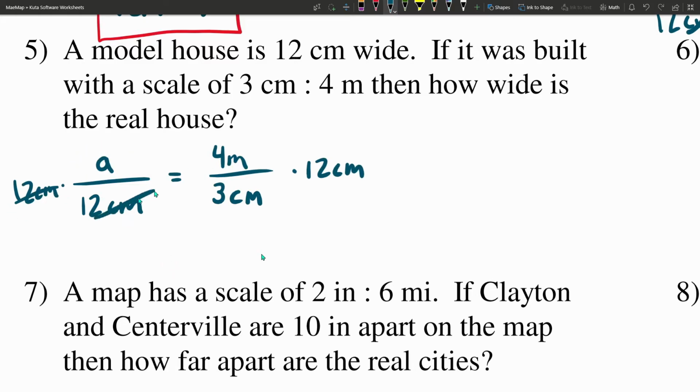So we're going to get that a is equal to 12 times 4 over 3, which is going to leave us with 4 times 4, which is 16. And notice that my centimeters gets canceled out, so that's 16 meters. So the actual house is 16 meters long.